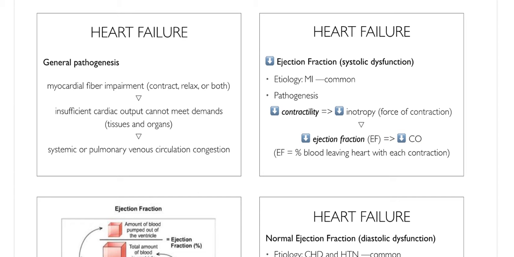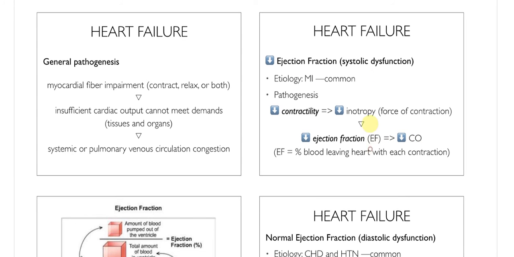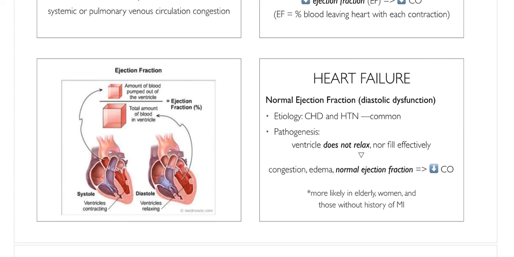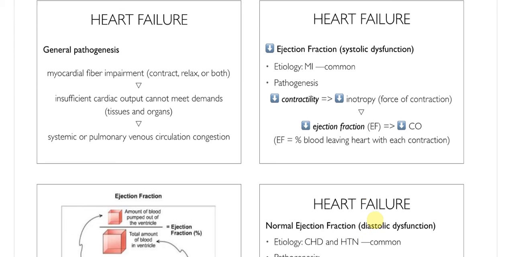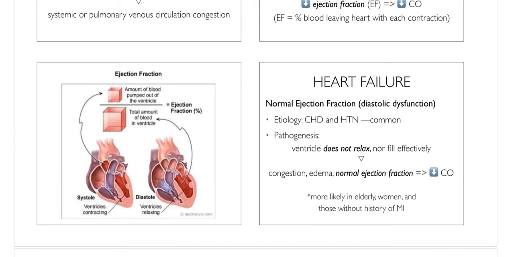So that's systolic dysfunction. Diastolic dysfunction, the main problem here is that the ventricles do not relax. The etiology, for example, here would be coronary heart disease and hypertension. So this is more of a long-term insult to the heart. We have coronary heart disease where we have inadequate blood flow to the heart over time, and hypertension.